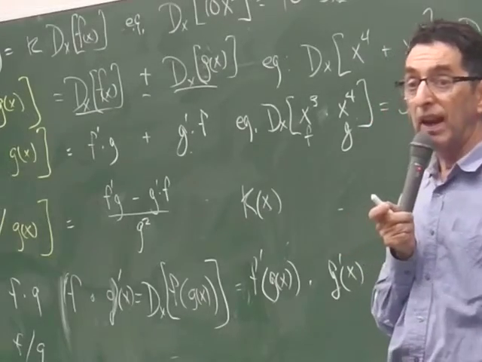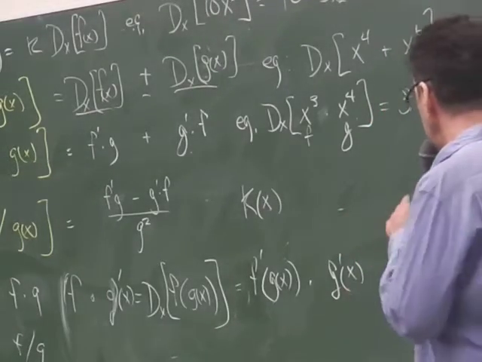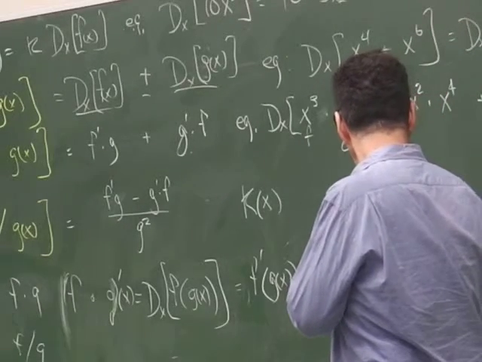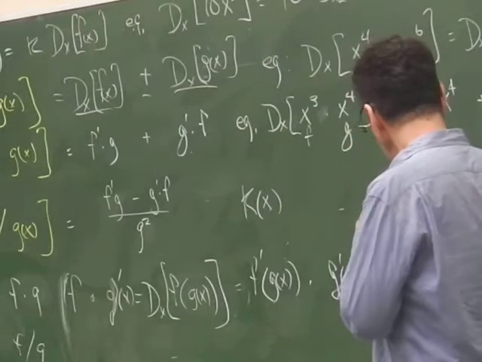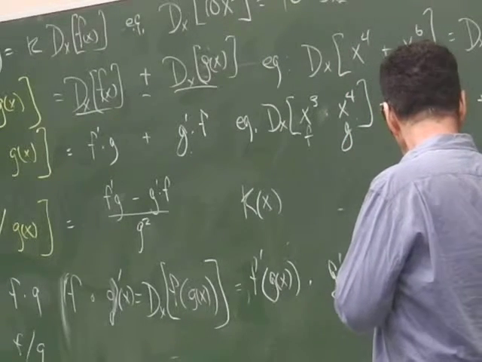X to the power of a half, or 0.5, right? Suppose that's f, and suppose this is g: x squared plus 8.